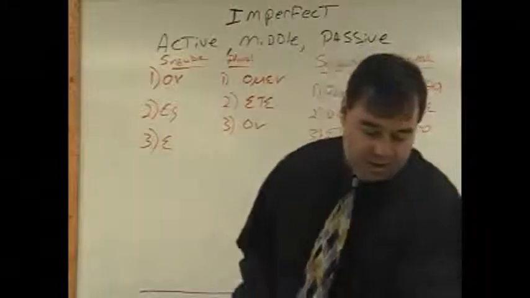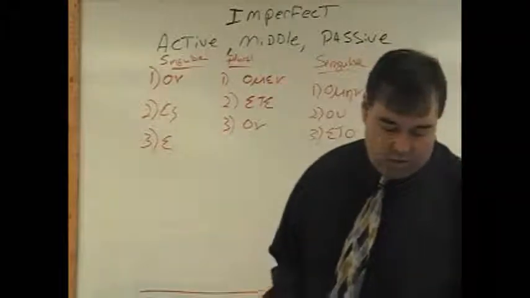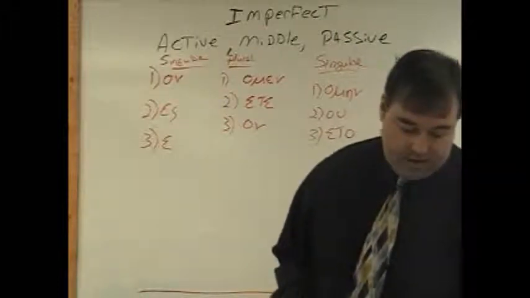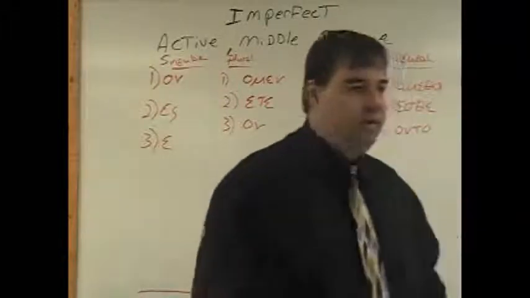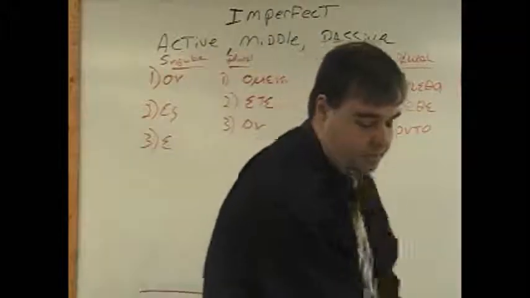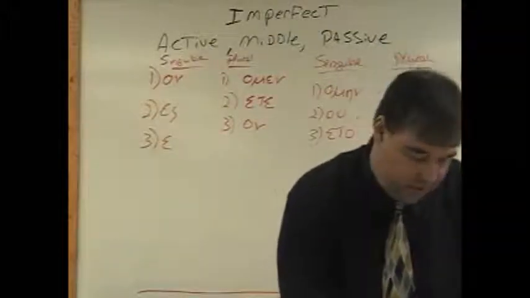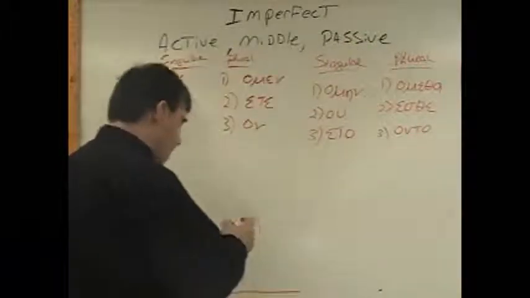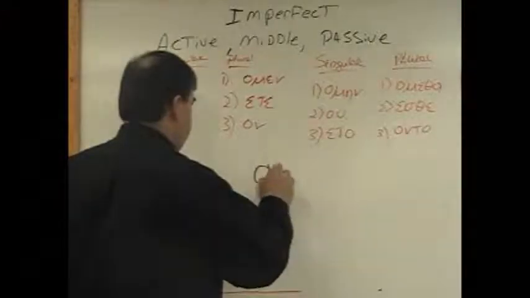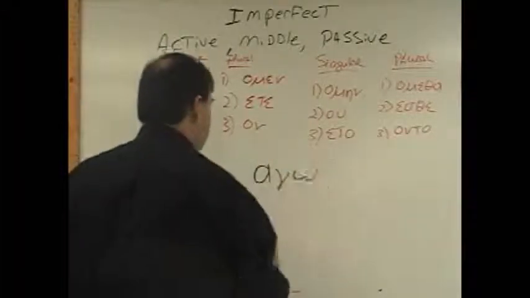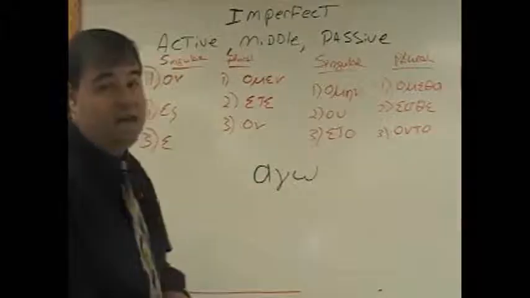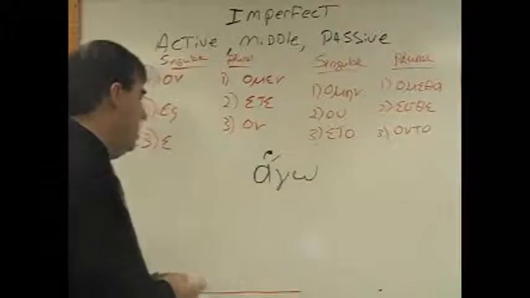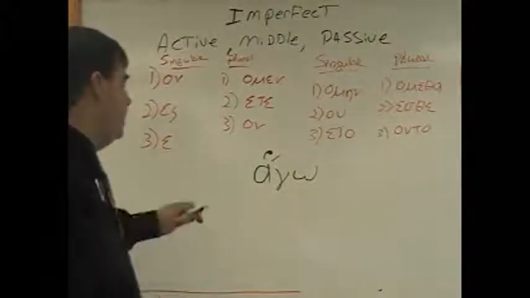One more thing we definitely want to look at. If you're looking on page 24, down in C, if that word begins with a vowel, it changes just a little bit. Let me look at one of our vocab words. The first one for this week is ago, and you haven't seen it yet, but I'll put it up here on the board. Ago means I lead, bring, or go, and it has a smooth breathing there. Well, ago is going to be changed in a different way.